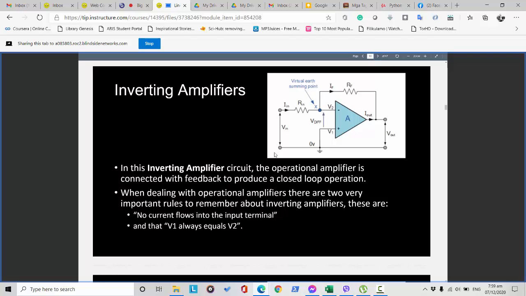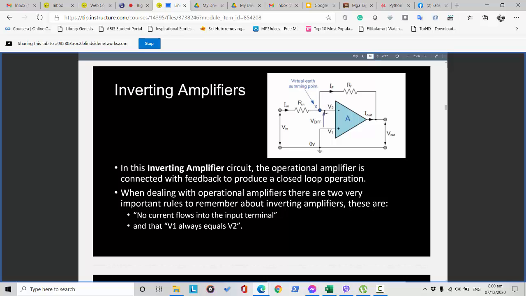When dealing with operational amplifiers, there are two very important rules to remember about inverting amplifiers. Number one, no current flows into the input terminal. You can see there is no current flowing here.